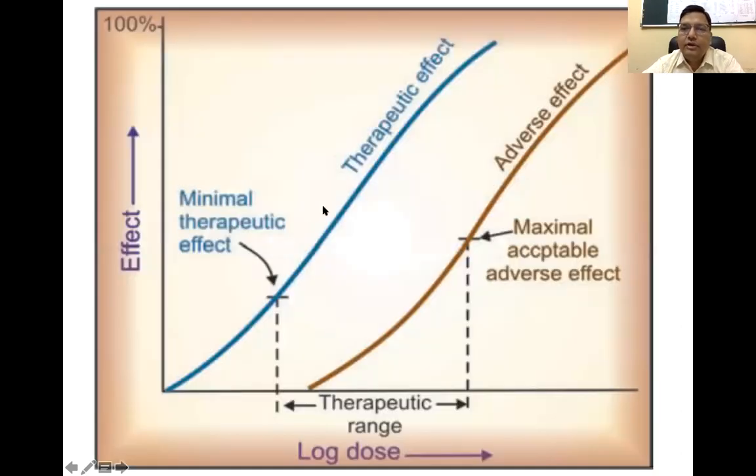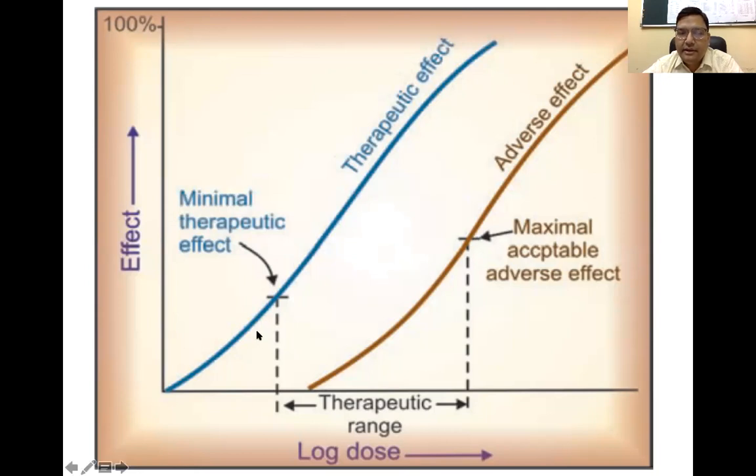From the log dose response, we also come to know about the therapeutic range in which we can use the drug. In this log dose response curve, the blue line shows the therapeutic effect. It spans from the dose at which the minimal therapeutic effect is seen to the dose which produces the maximum acceptable adverse effect.